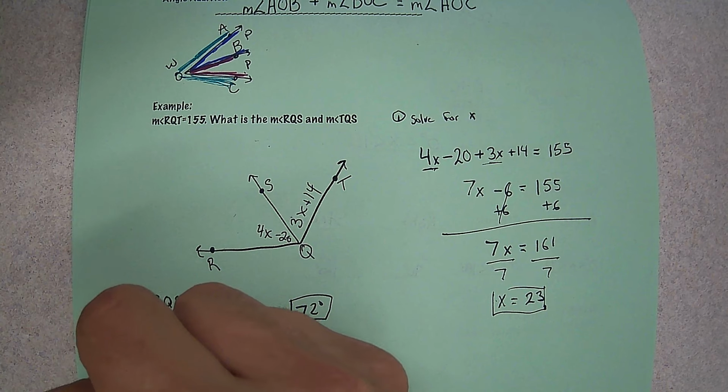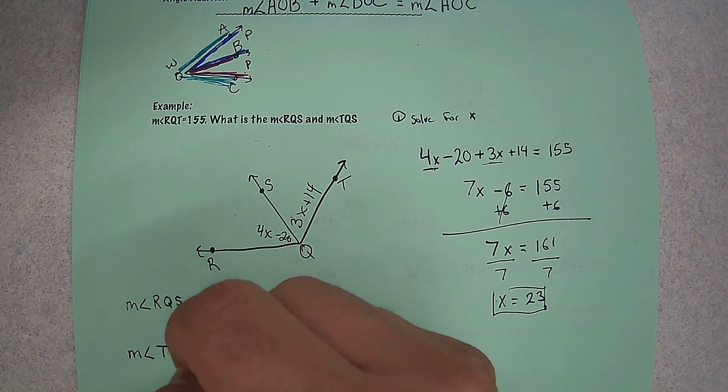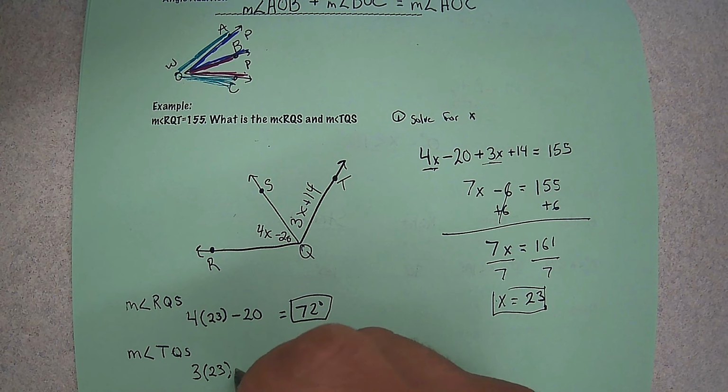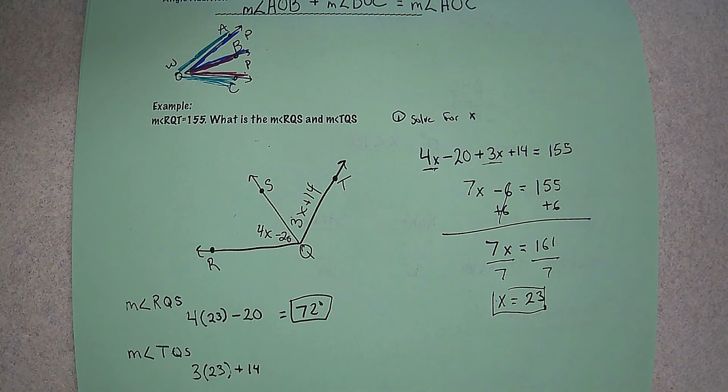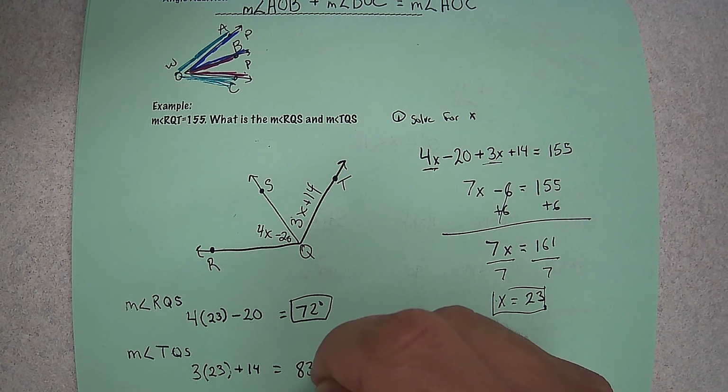Now to find the measure of angle TQS, we do the same thing. Now this one's 3 times 23. We use the same value of x, plus 14. 3 times 23 plus 14, and that's going to get us 83 degrees.